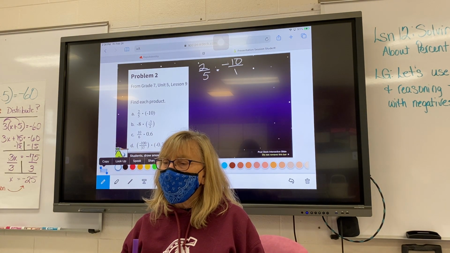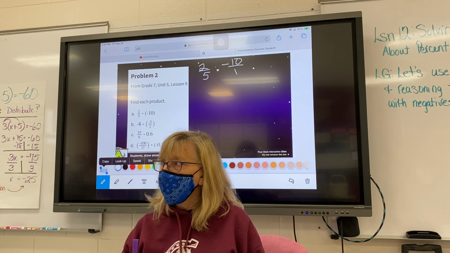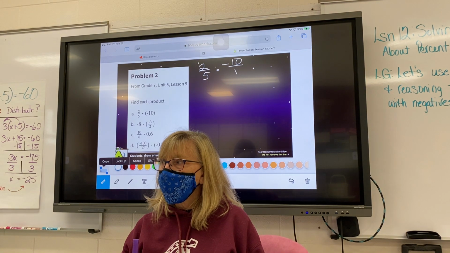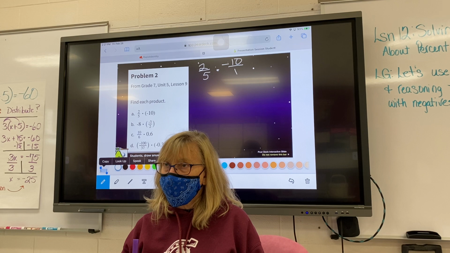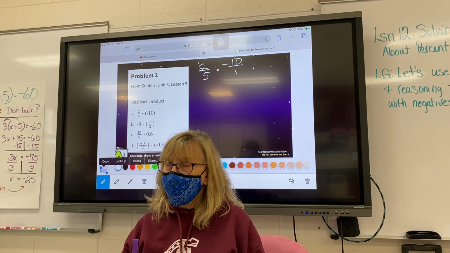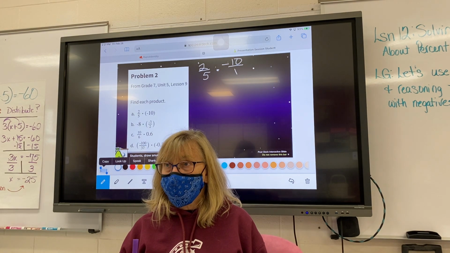Okay, if you multiply straight across, you're gonna get negative 8 times negative 3, which gives you 24, and then if you multiply straight across on the bottom, you've got 1 times 2. 1 times 2 is 2. So now you have 24 over 2. What does that reduce to?